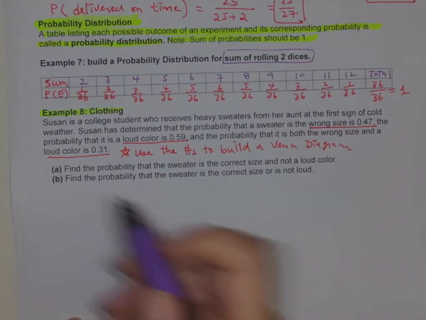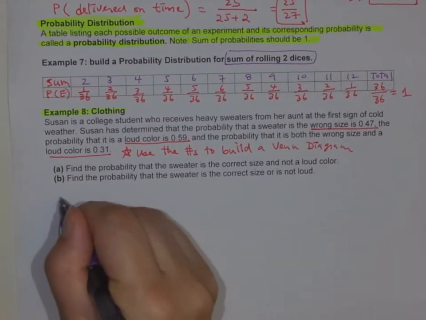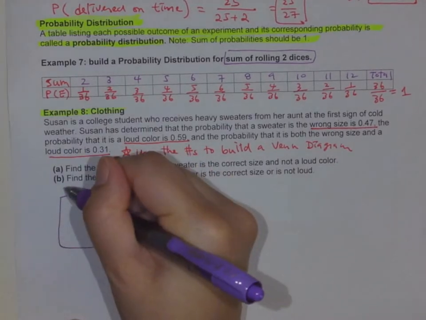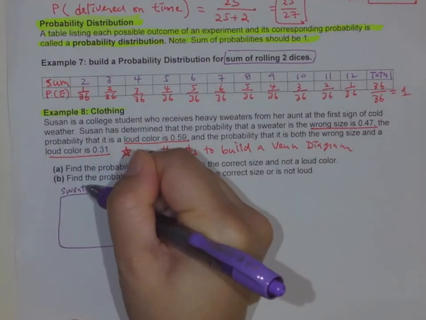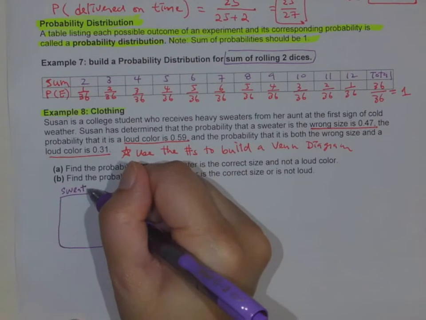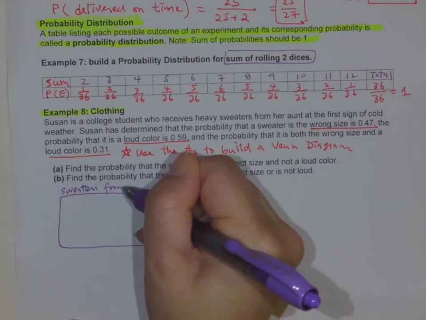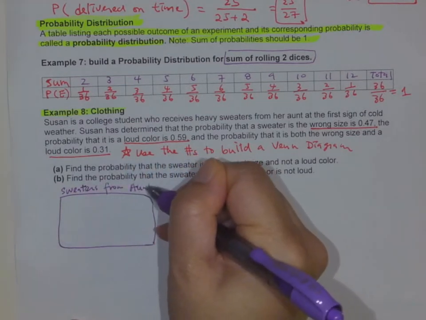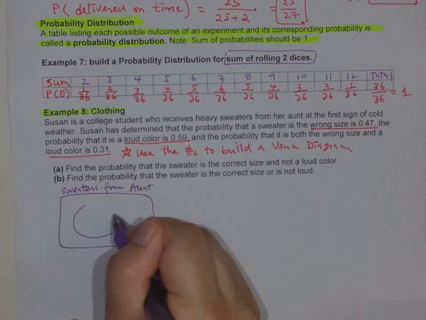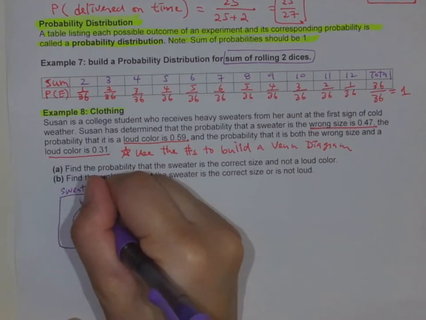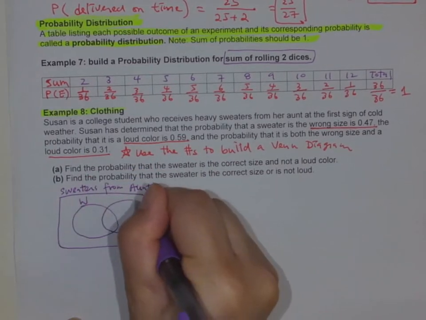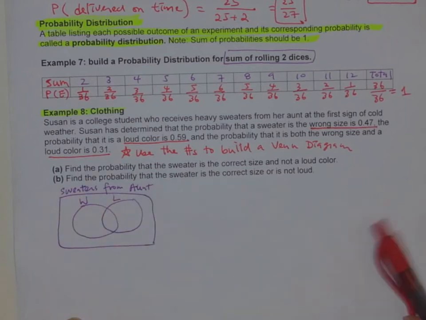So I can have a universal set of sweaters, and then one circle representing the wrong size, the other one representing the loud color, right?